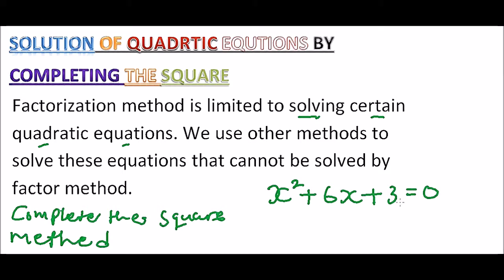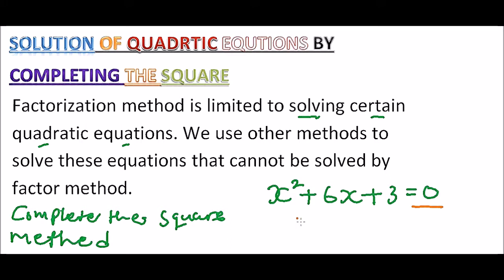Remember, when you equate a quadratic expression to 0, it becomes a quadratic equation. A quadratic expression is not equated to 0, but when you equate it to 0, it changes to a quadratic equation. So this is a quadratic equation.